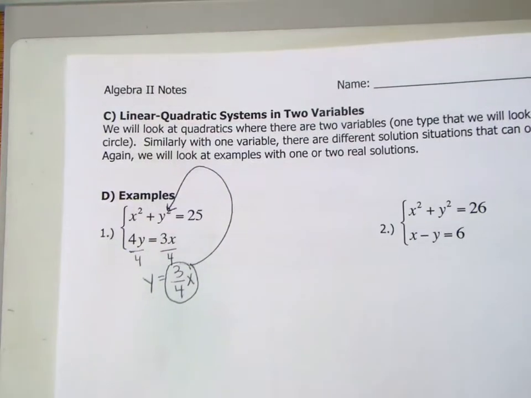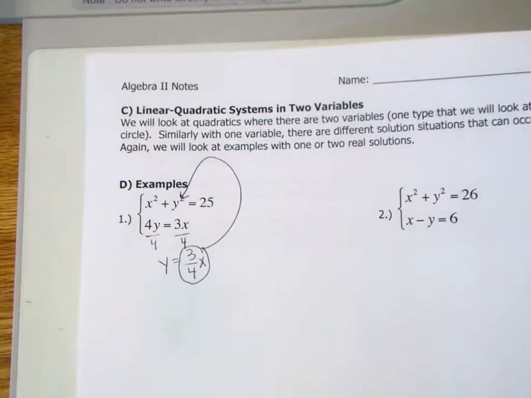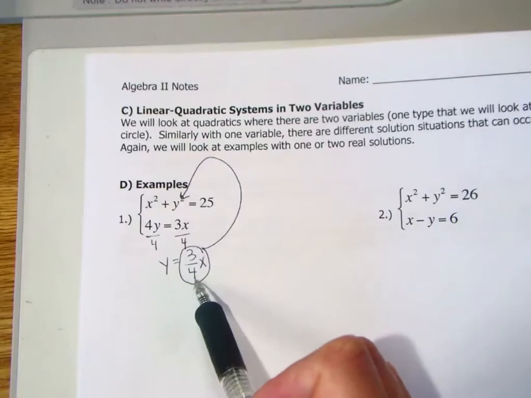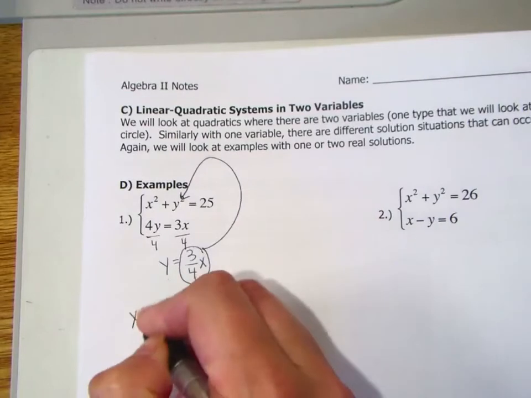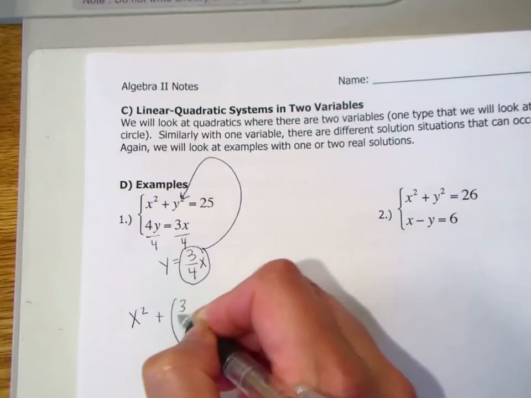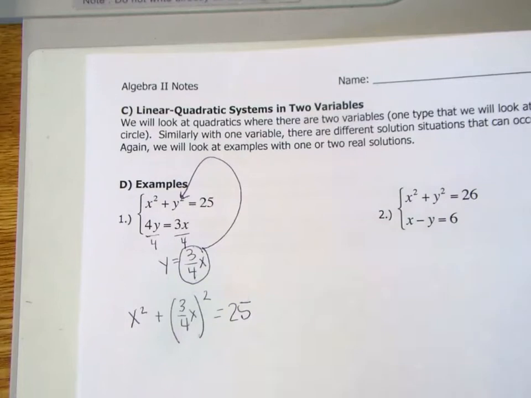So this is essentially substitution, just on a little more difficult scale. So let's rewrite this first equation plugging this value in. We'll have x squared plus (3/4 x) squared equals 25. Now we're down to one variable that we can solve for.